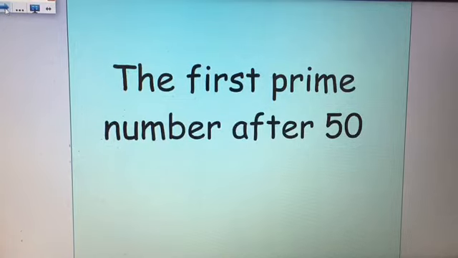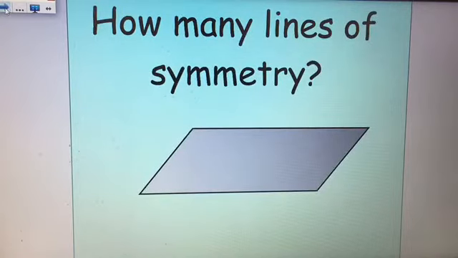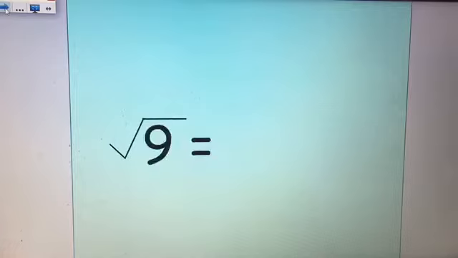A lot of people always say 51 for that one, but remember 3 times 17 is 51. So it's 53. How many lines of symmetry? 0. Square root of 9? 3.